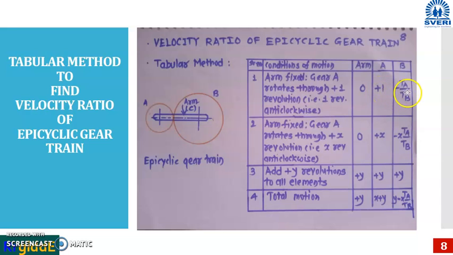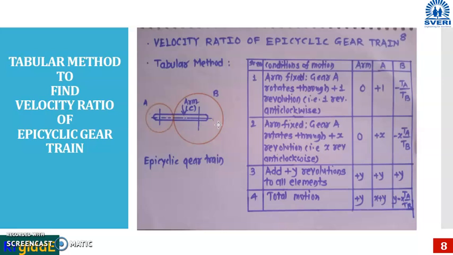Then we need to find out revolution of the gear B when A is rotating with plus 1 revolution in anti-clockwise direction. B is in mesh with A, so therefore we can write train value as NB upon NA is equal to TA upon TB. So what is value of NA?